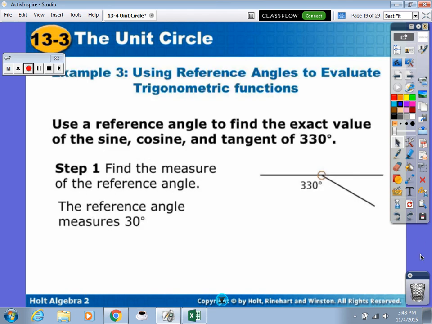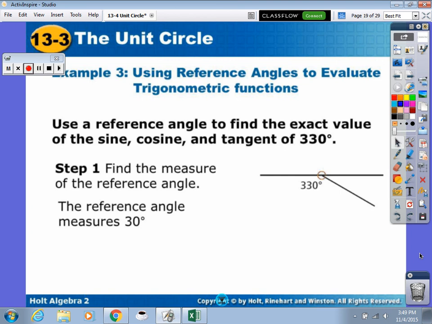Using the information presented in the table and some of the steps there, we're just going to run through a quick example on how we might evaluate our trigonometric functions using the basis of knowing quadrant 1 and then knowing how the signs change per quadrant. So first, we want to find the reference angle so that we can determine the exact values of sine, cosine, and tangent of 330 degrees. So here's a picture.